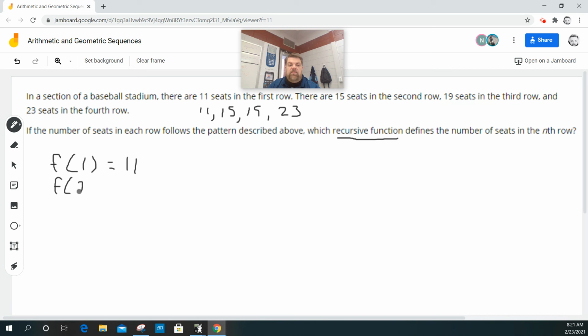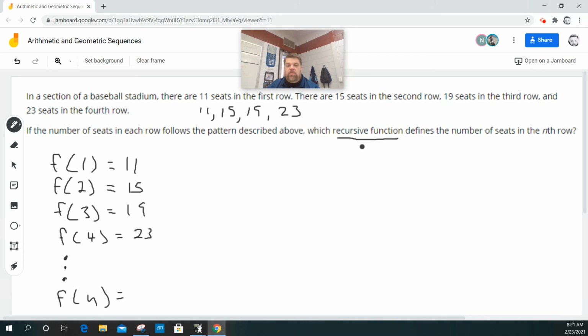The second term, f of 2, is 15. f of 3 is 19. f of 4 is 23. And then dot, dot, dot. This is what they want us to figure out. What is f of n?